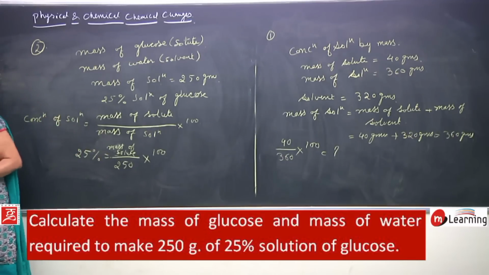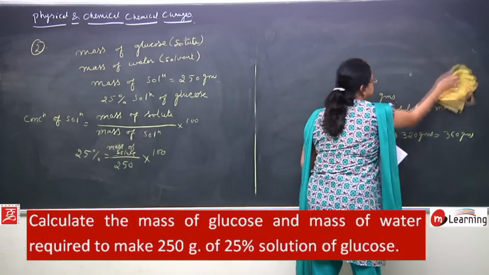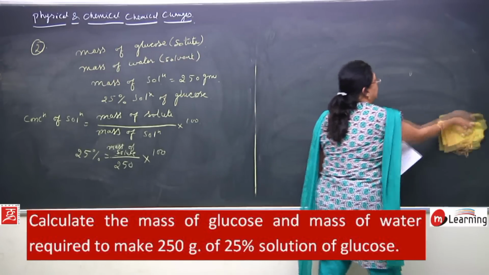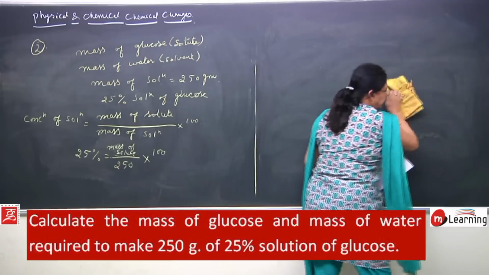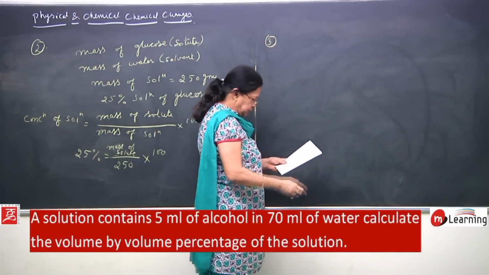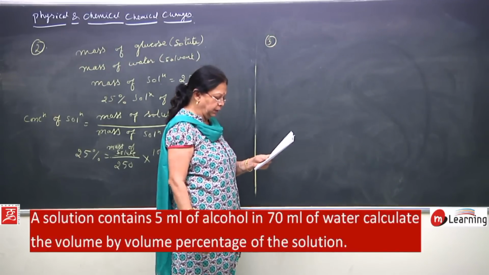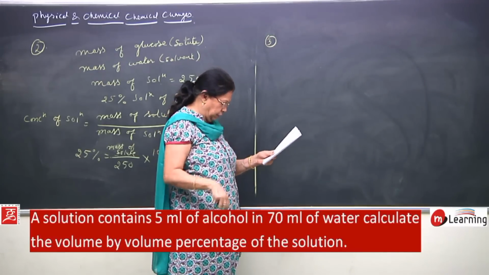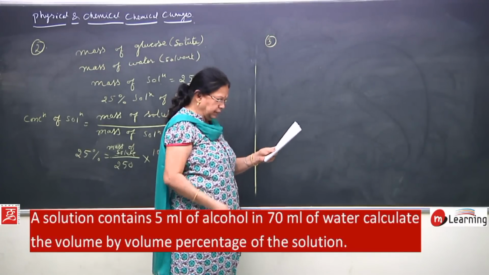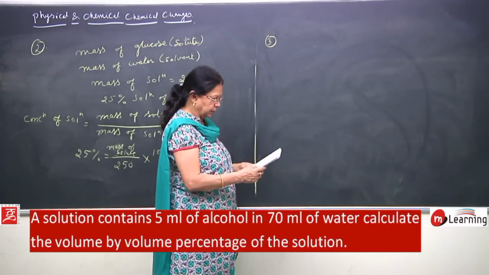Then next is a problem or numerical based on volume. A solution contains 5 ml of alcohol in 70 ml of water. Calculate the volume by volume percentage of the solution.